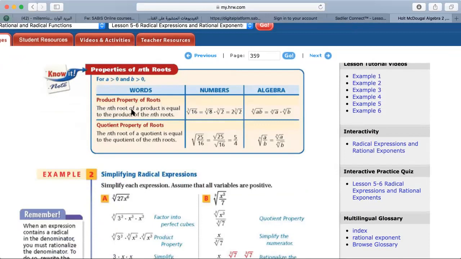The nth root of a product is equal to the product of the nth roots, like the cubic root of 16 is equal to the cubic root of 8 multiplied by the cubic root of 2. Why?